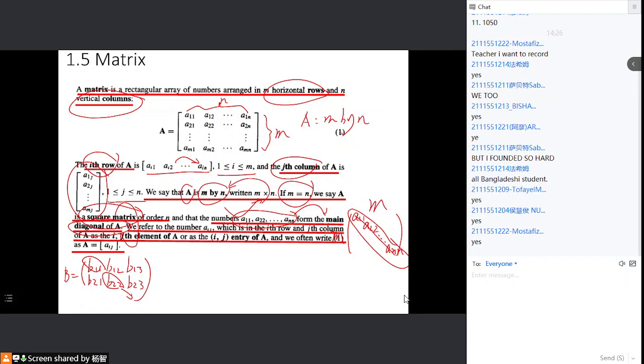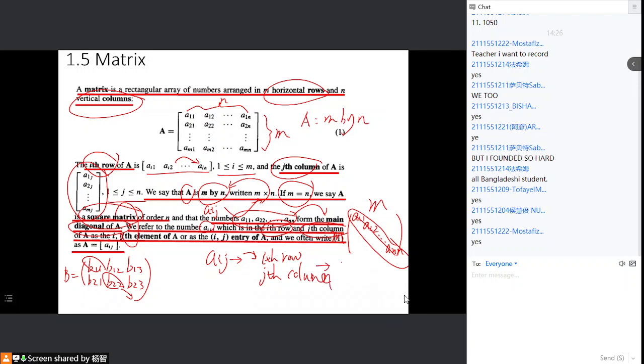And to any element Aij, Aij is the ith row and the jth column of A. Any element Aij means this element at the location is the ith row and jth column.